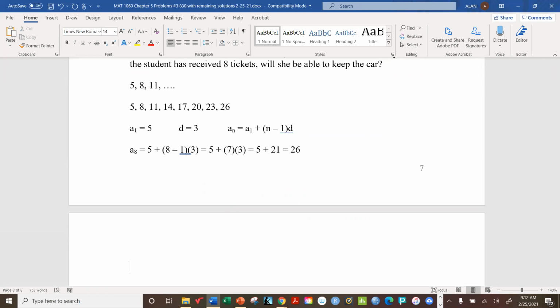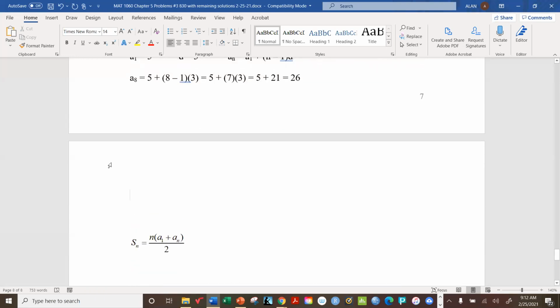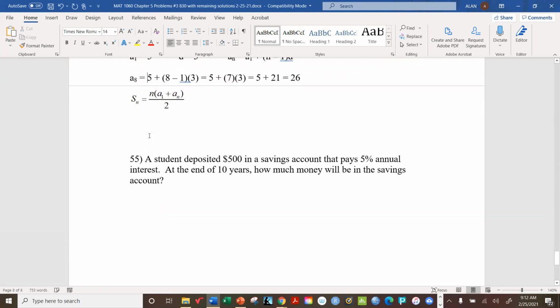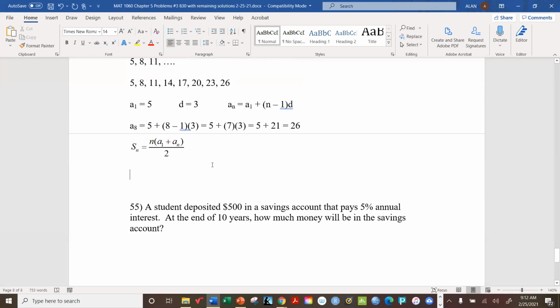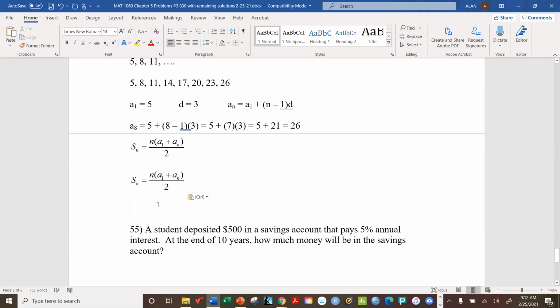But the question here is, what's the sum? All right, so here's our sum formula down here. Okay, so now we can plug in our numbers. Now it doesn't look promising though, does it? The sum has to stay below 100 before the student gets to keep her car.